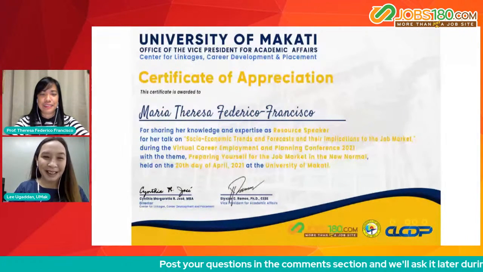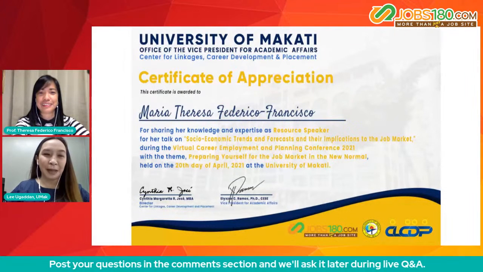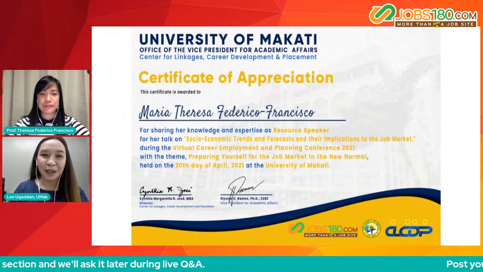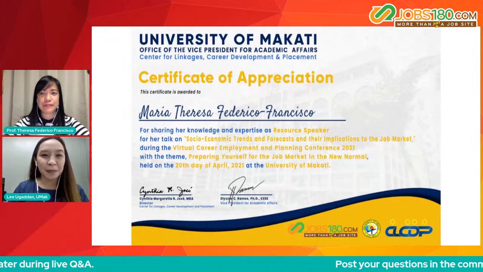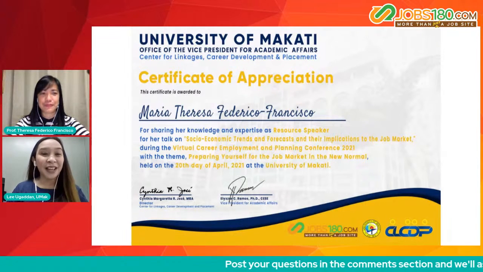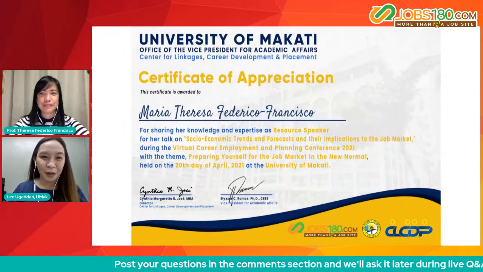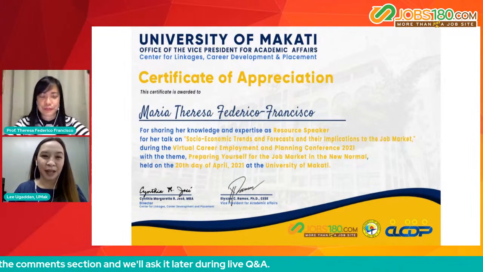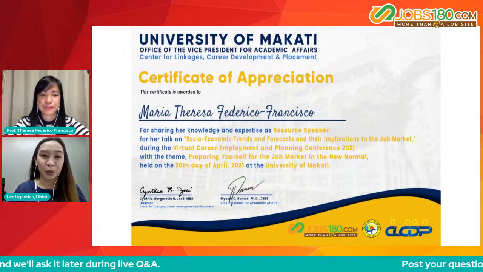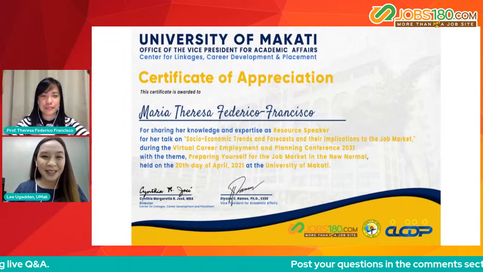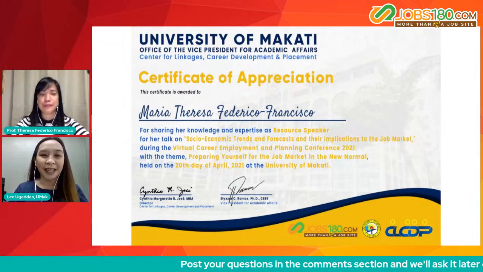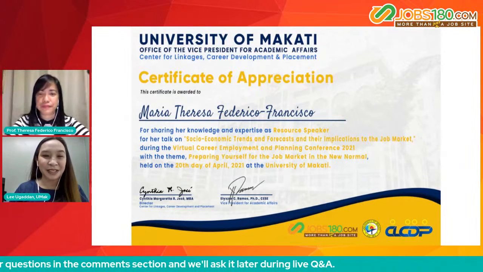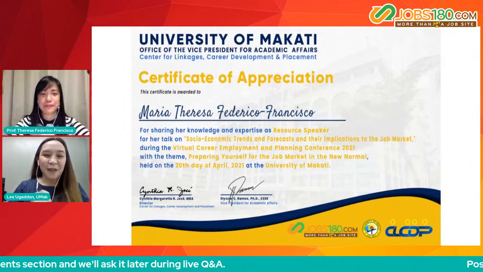So University of Makati, from the Office of the Vice President for Academic Affairs and the Center for Linkages and Career Development and Placement, awards the Certificate of Appreciation to Professor Maria Teresa Federico Francisco for sharing her knowledge and expertise as a resource speaker for her talk on socioeconomic trends and forecasts and their implication to the job market during the Virtual Career Employment and Planning Conference 2021 with the theme Preparing Yourself to the Job Market in the New Normal, held on the 20th day of April 2021 at the University of Makati virtual space.